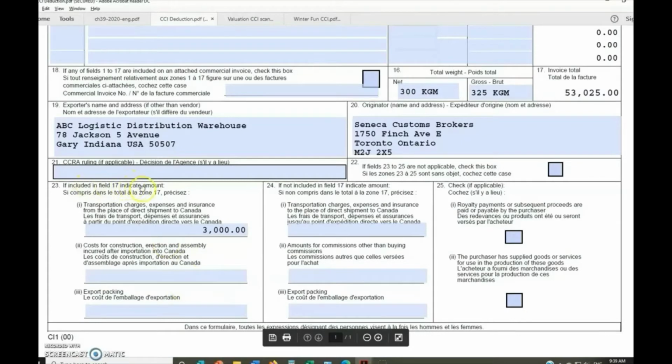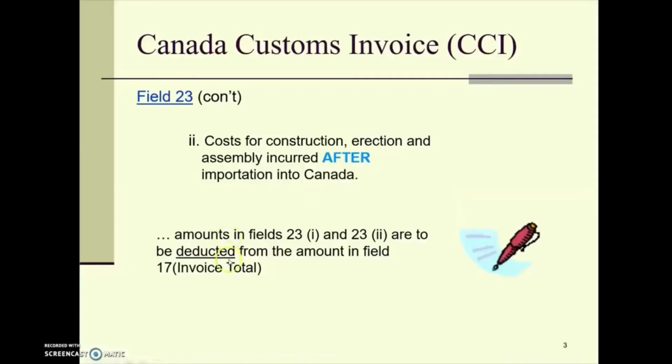Okay. Field 23II, which is this one. If included in field 17, indicate the amounts of cost for construction, erection, and assembly incurred after importation into Canada. So what this means is, if you buy something and it includes installation, meaning you buy a machine for your assembly line of your company, and part of what is included in the price is one of their technicians coming to Canada, or a technician in Canada coming to your location to help you install the machine and get it working.